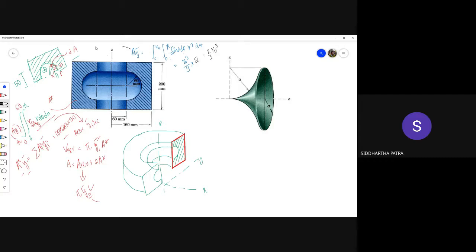Then the area is pi r squared divided by 2. So y bar for the semicircle would be r0 times 4 divided by 3 pi. That's what it seems to me.